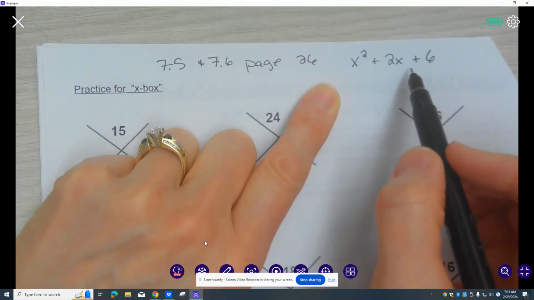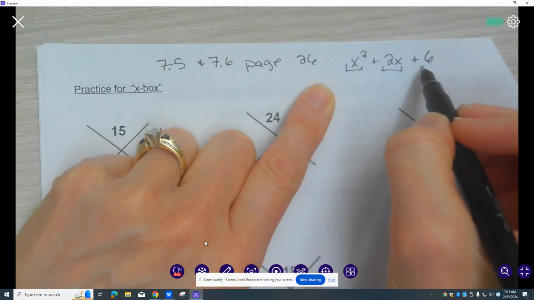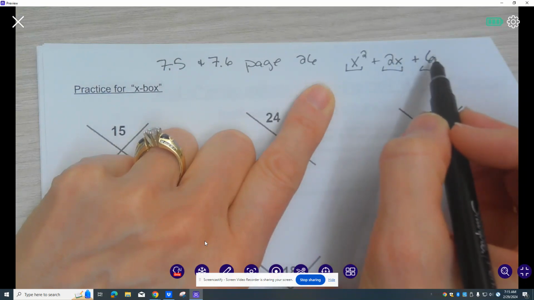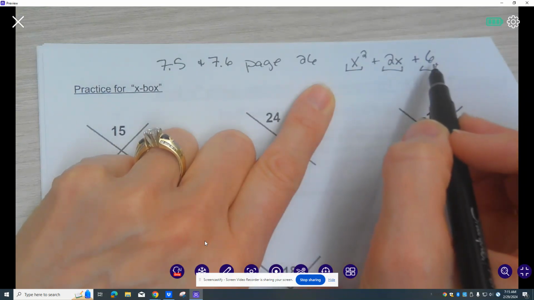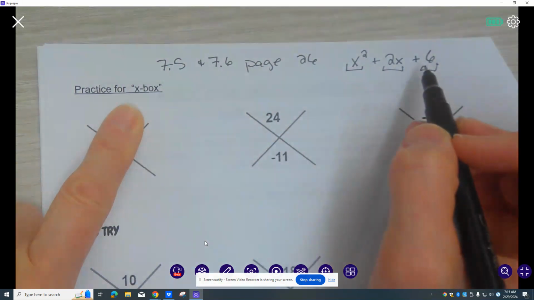Obviously, you could have different numbers here, but you'll have a trinomial, 3 terms: an X squared, an X to the 1, and then a constant. So this is the polynomial where we use the Xbox.